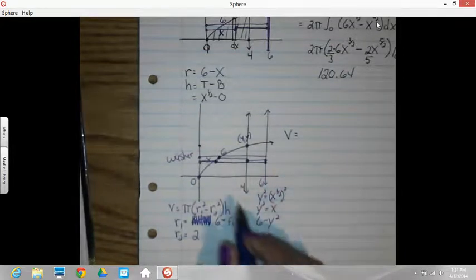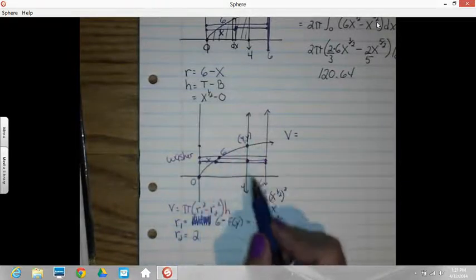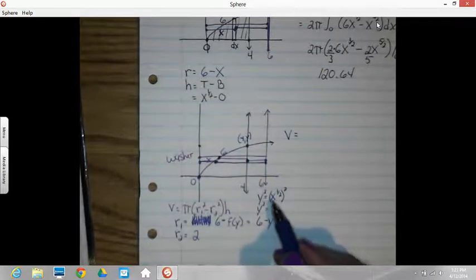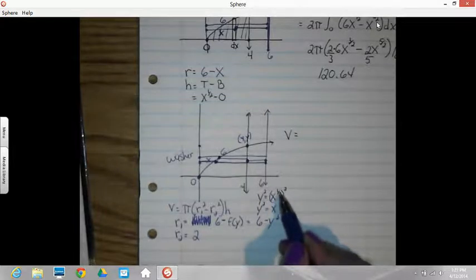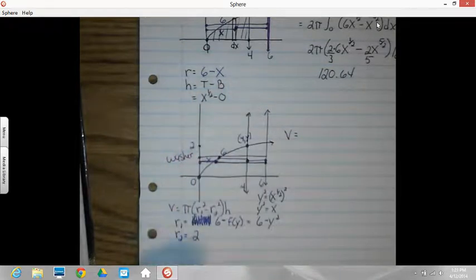That was bad on my part, sorry. Second radius is 2. Boundaries: the x is 4, so if I plug 4 back in the original, the square root of 4 is 2. Y value is going to be a 2, so it's 0 to 2.